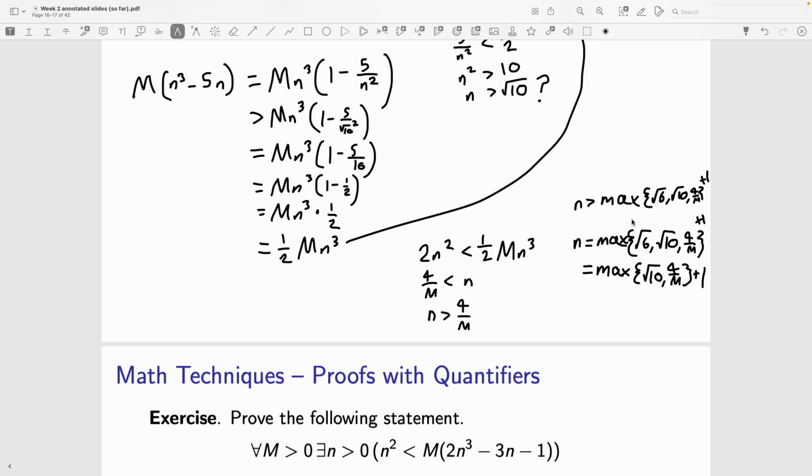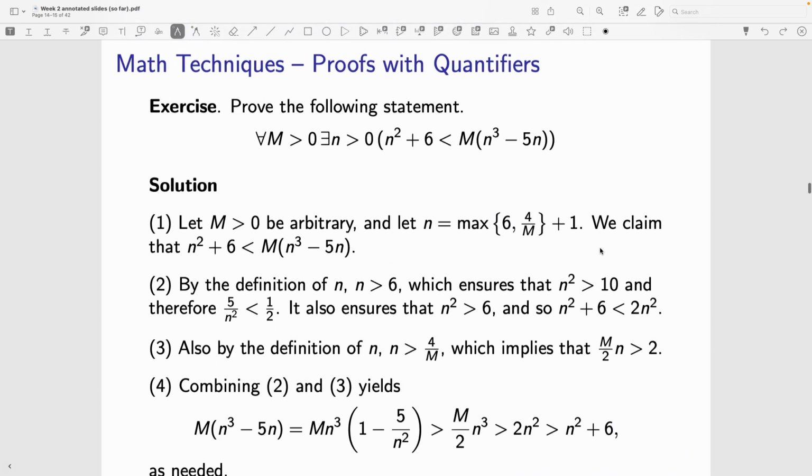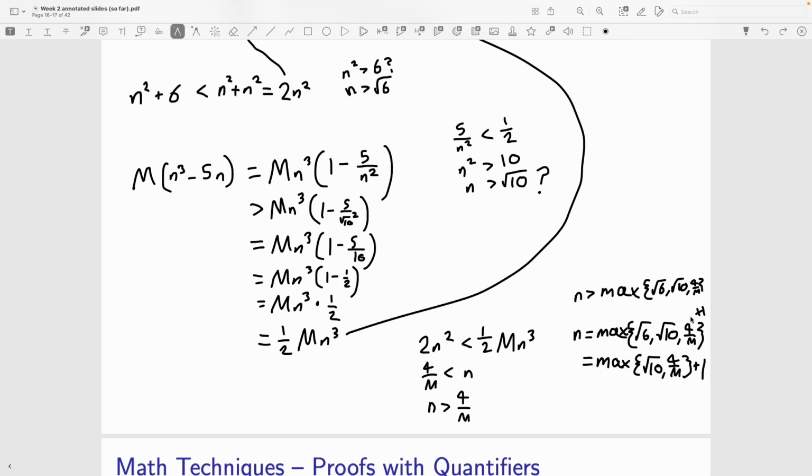So yeah, we put +1 because we want to find a specific value of n to complete the proof. And that is an easy way of ensuring that it's greater than the thing we're adding 1 to. So I'll stop there.